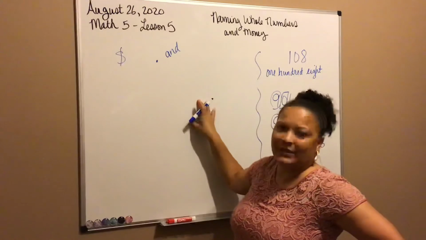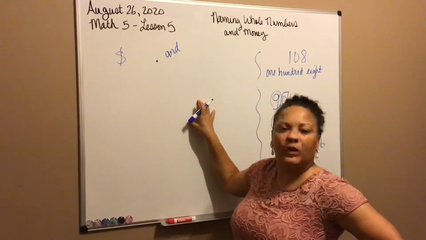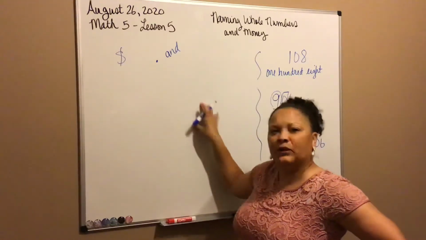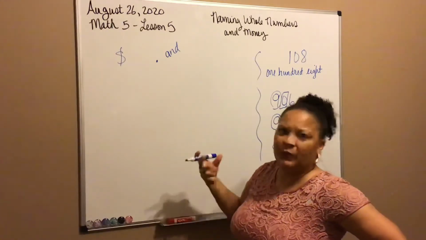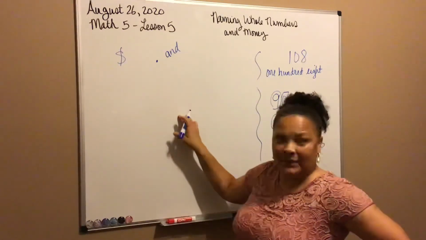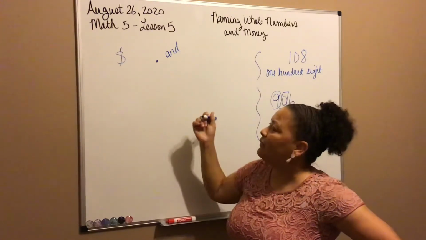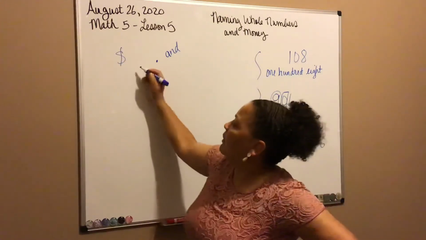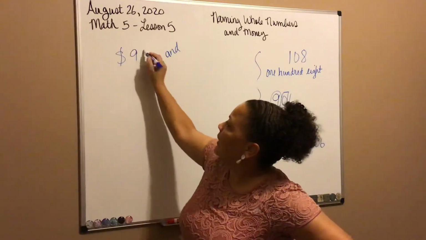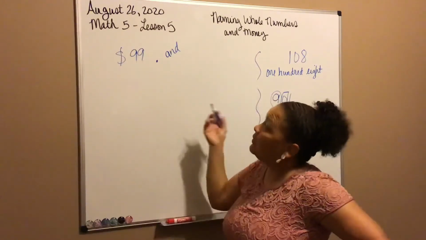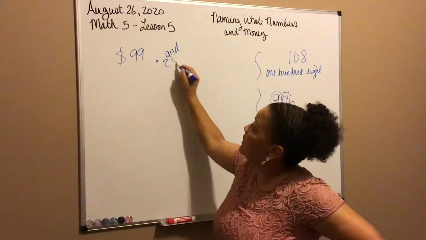We know that it takes 100 cents to make a full dollar, but if I don't have a full dollar, I may have some cents left. So that's where the and comes in. So if I have, let's say, $99 and 25 cents.